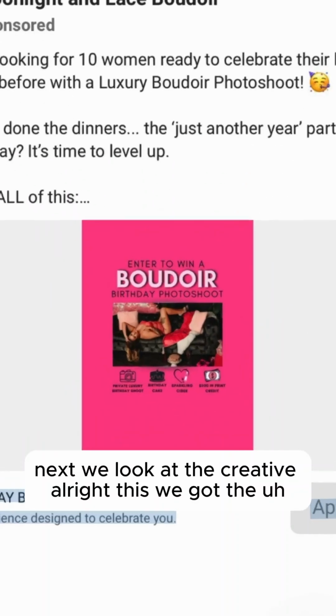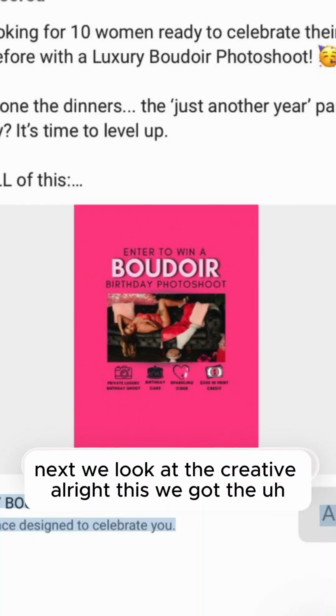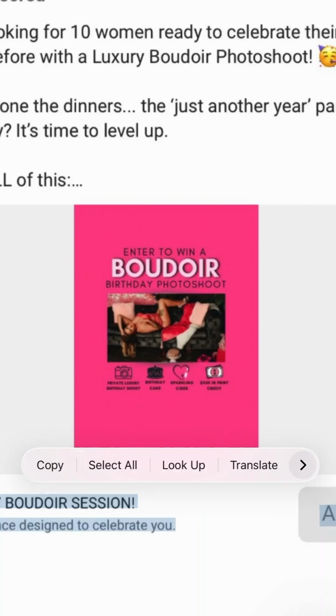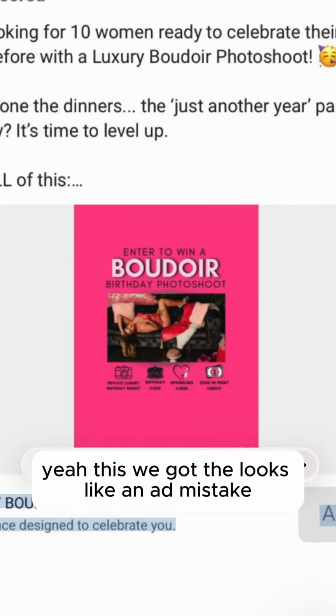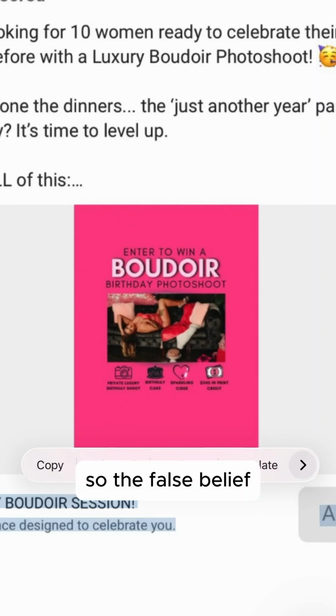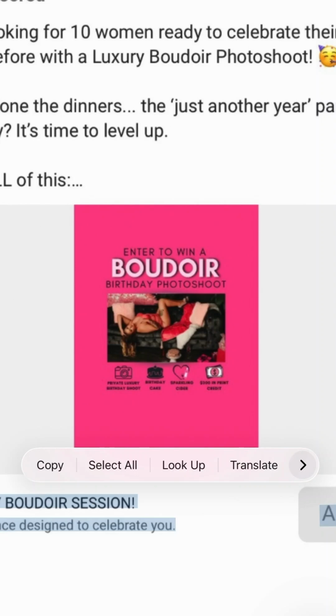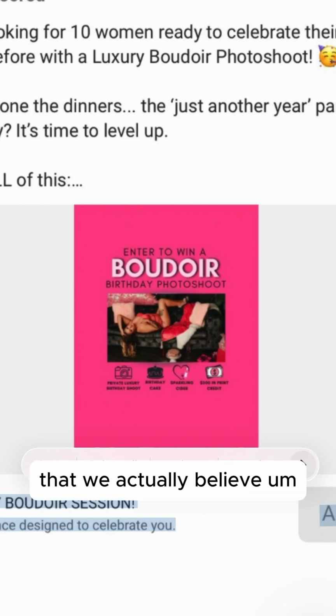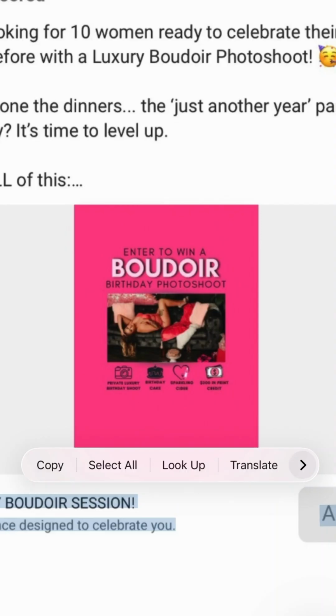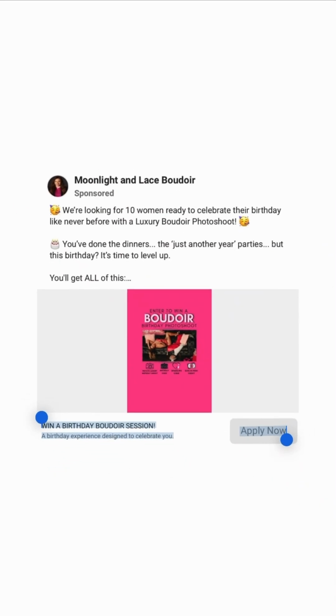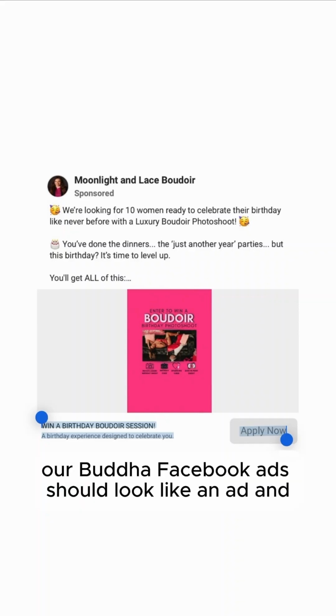Next, we look at the creative. All right, this looks like an ad mistake. So the false belief that causes us to make this mistake is that we actually believe our Boudoir Facebook ad should look like an ad.